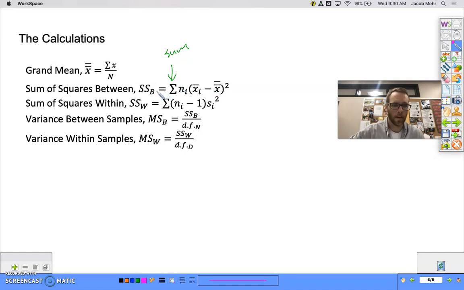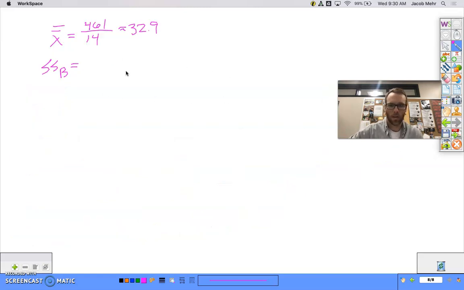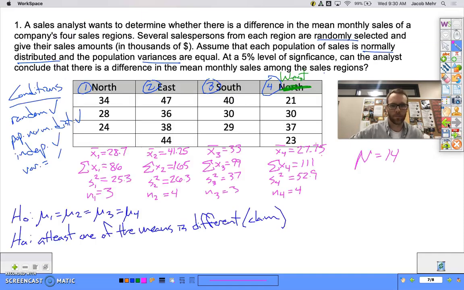And then we need to add that up for each sample. So for our first sample, sample size is 3. Sample mean, 28.7. So we're going to take 3 times 28.7 minus the grand mean 32.9 squared. That's for the first sample.